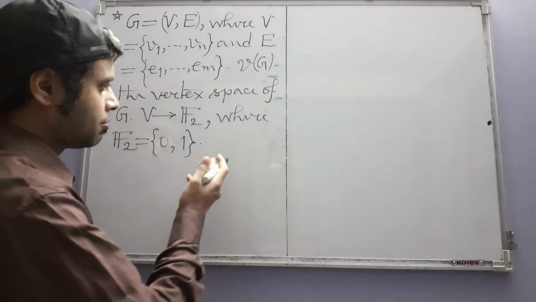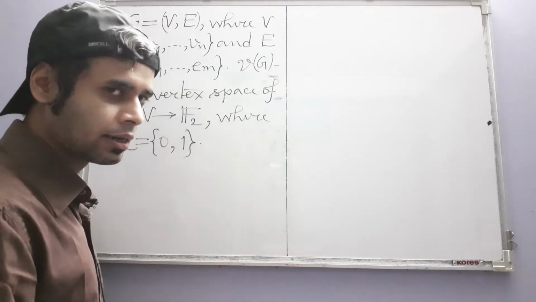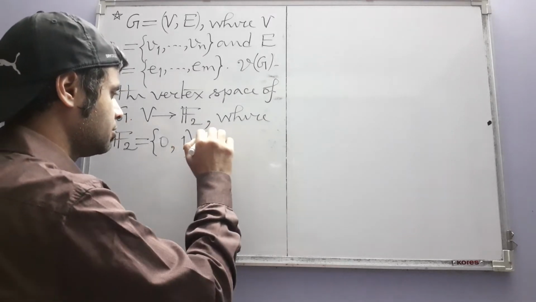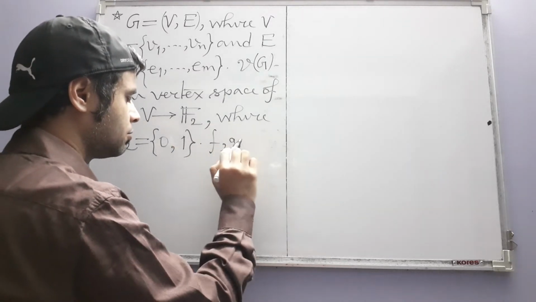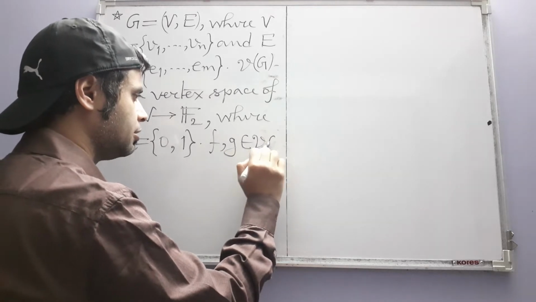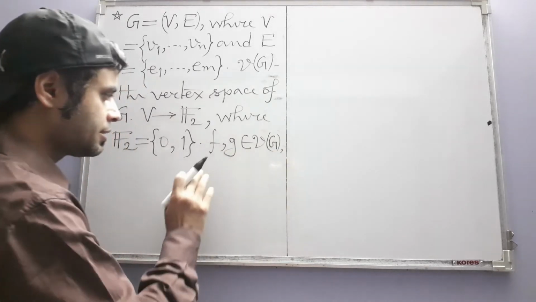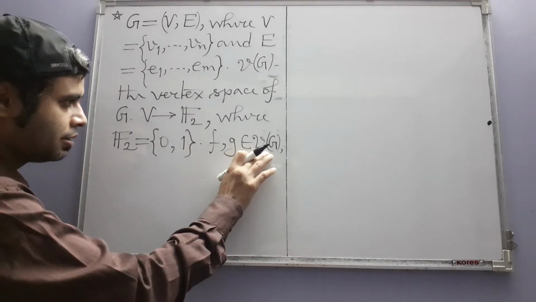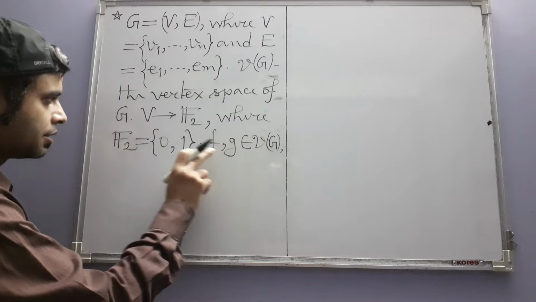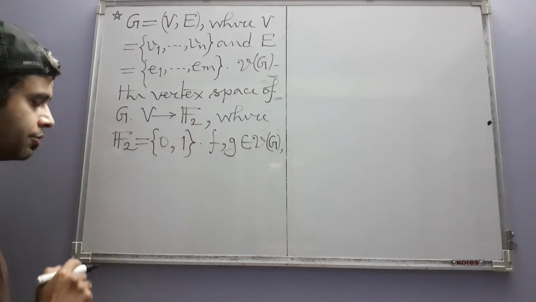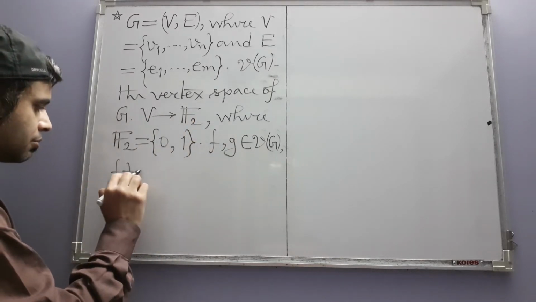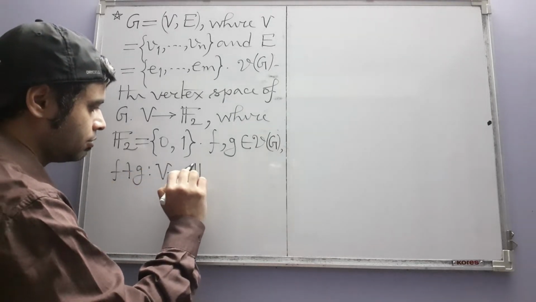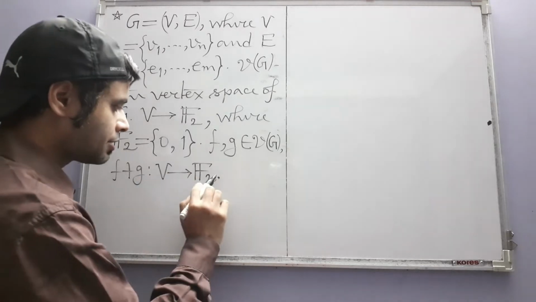And we already know what the vector space operations here are, but still let's just see them once more. If we have two elements f and g in our space, what does it mean to add them? Because being in nu of G means each one of them is a function from V into F2. So their sum also is a function from V into F2. What specific function?